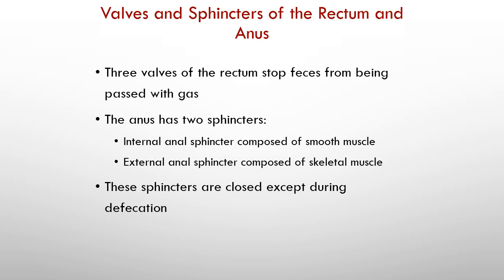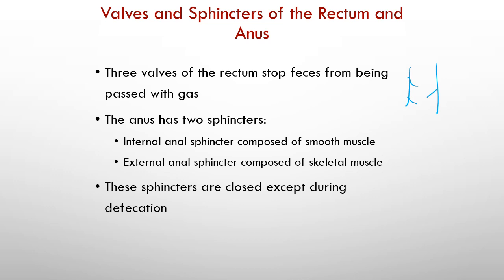In the rectum, here's the rectum, we have almost what amounts to shelves, these little outpocketings. These serve as valves that allow gas to move along and keep the feces back. This is what allows you to have flatulence that escapes without the actual fecal matter escaping as well.